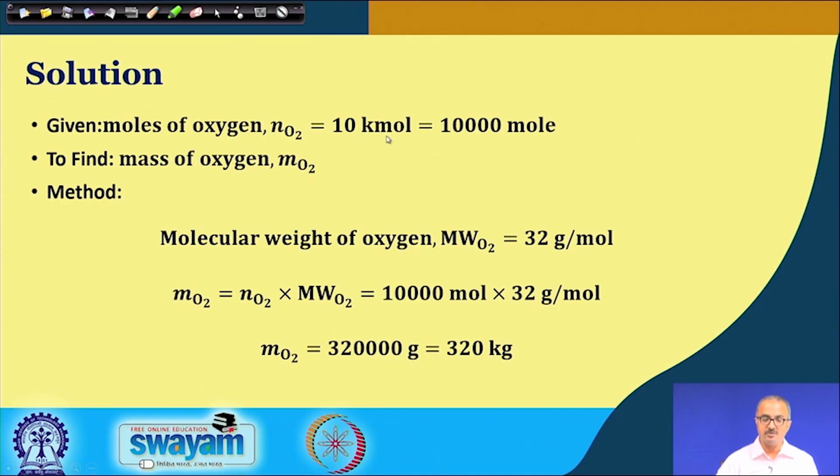So, when these many kilomoles are given, that means 10,000 moles are there, and we simply multiply this with the gram and we get this 320 kg. Okay. So, we see that in terms of mole it is a very small number, but this small number represents a very huge mass of the particular component, and this mass will depend on the molecular weight. The lower the molecular weight, the lower the mass for a given number of moles.